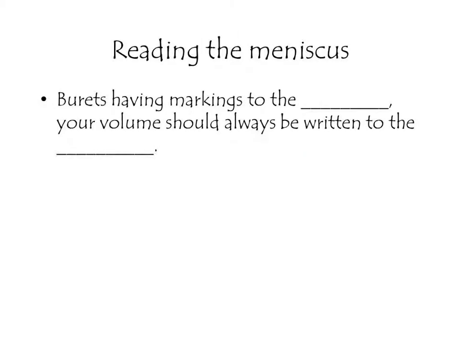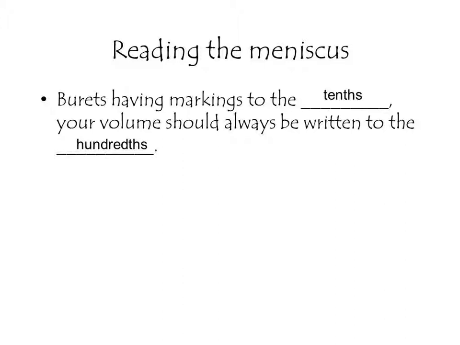Now, how to read the burette. You have to know that the burettes typically have markings that are to the 10th place, and your volume should always be written to one more decimal place over, so it'll be in the 100th place.